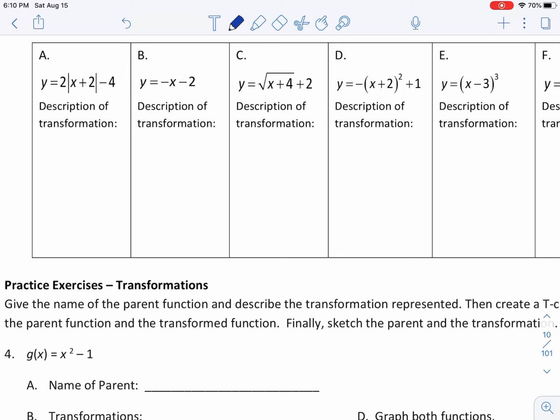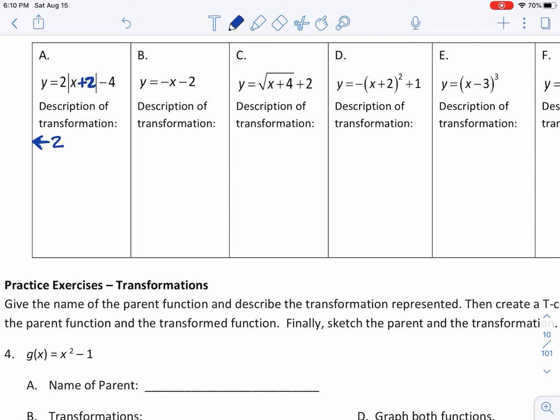So if I have a +2 on the inside, that means it moved either to the left or right because it's on the inside. Since it's doing something to my x, I always want the opposite of my x. It moves to the left 2. I'm going to stick with that type of transformation right now.